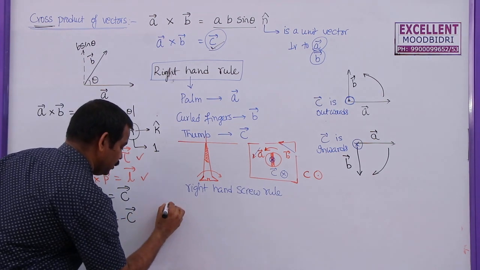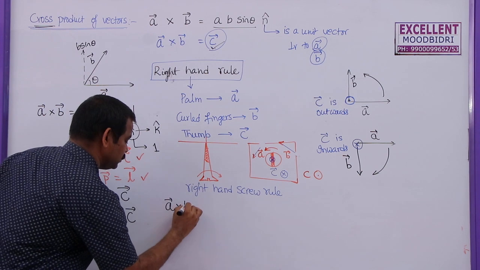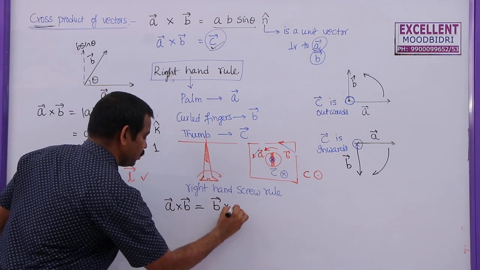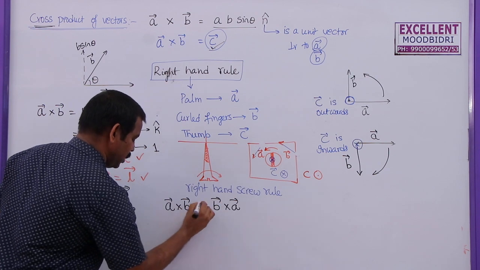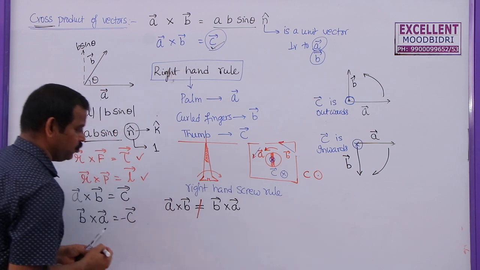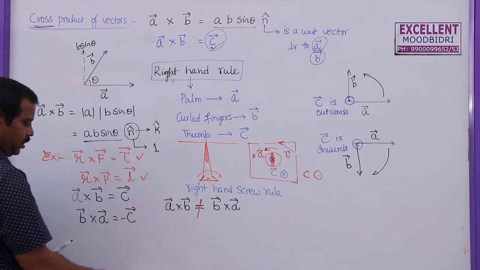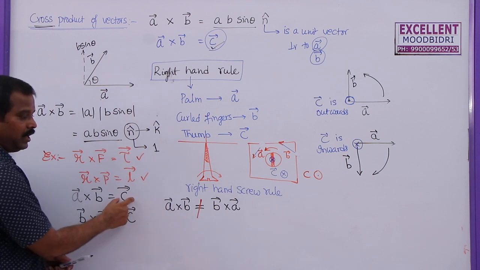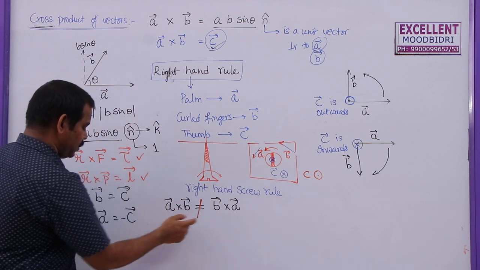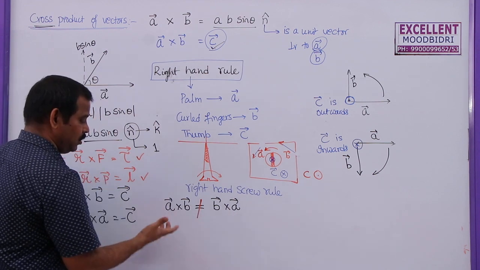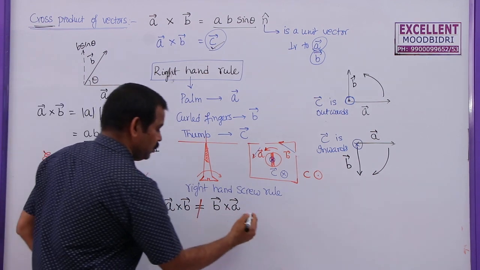So, what can we write, A bar cross B bar is equal to B bar cross A bar? This is wrong. A bar cross B bar is not equal to B bar cross A bar. Why? Because A bar cross B bar is a C bar in one direction, B bar cross A bar is a C bar in the opposite direction. So, these magnitudes are equal, but their directions are not equal here.